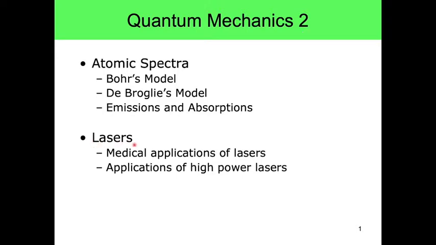I think all of you have heard of this name, lasers. What are lasers? How are they used? They have a variety of usage in all kinds of industries, ranging from medicine to manufacturing. So we're going to look at that.